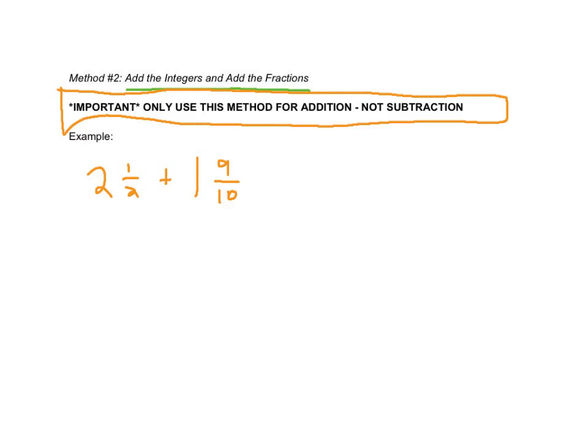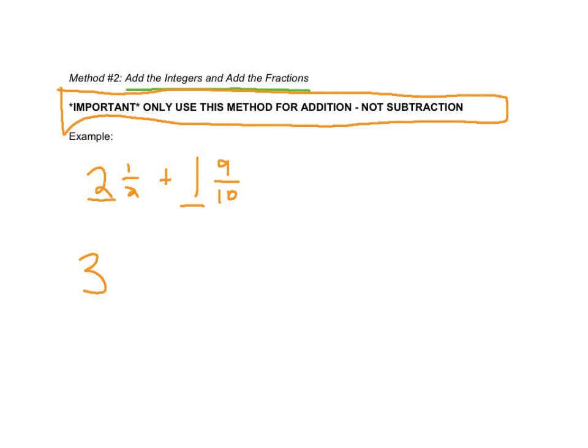So because we're adding these, we can simply add the integers and then add the fractions. We'll start by adding the integers. 2 plus 1 is simply 3, and now we're going to also add the fraction parts.